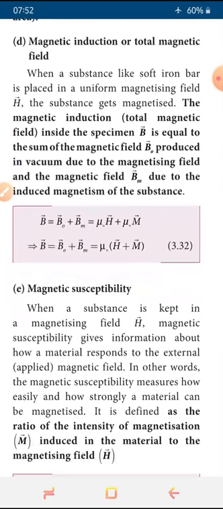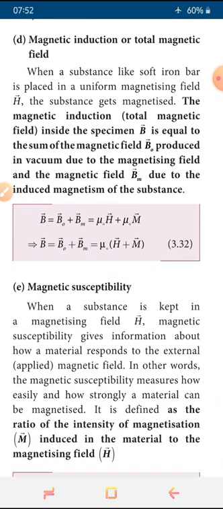Okay, next, magnetic induction, the total magnetic field. For this, we take a magnetic material like a soft iron bar and place it in the uniform magnetic field, or magnetizing field H vector.